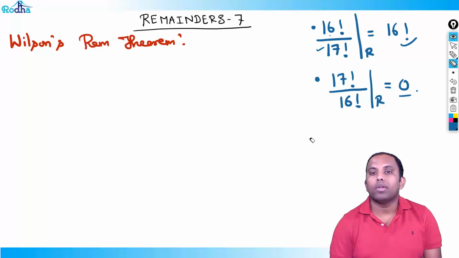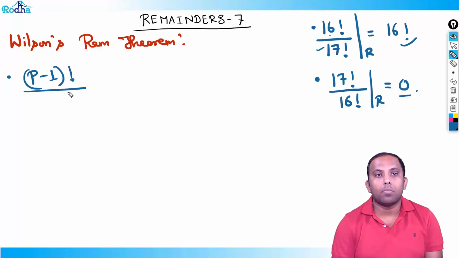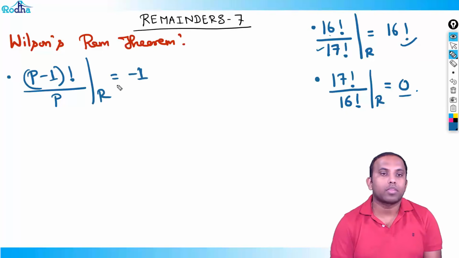So what is Wilson's remainder theorem? Wilson's remainder theorem is related to factorials. Let's suppose P is any prime number. Then (P minus 1) factorial upon P, the remainder is minus 1. This is Wilson's remainder theorem.